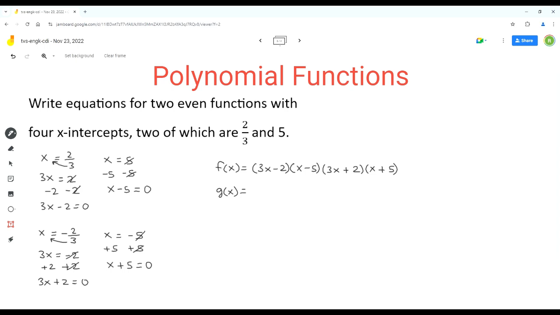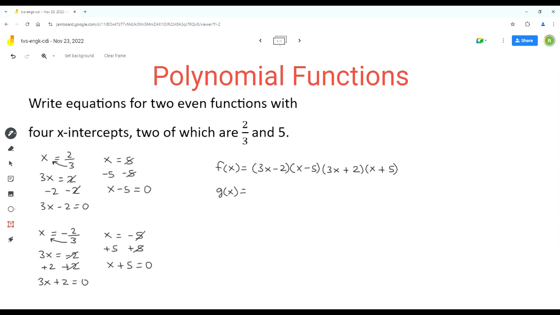We can raise the exponent for the factor 3x minus 2 and 3x plus 2 to 2, or x minus 5 and x plus 5 to 2, because these factors represent x-intercepts that are symmetric on both sides of the y-axis.